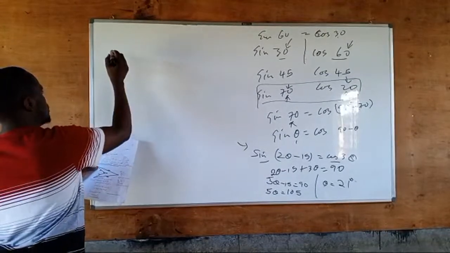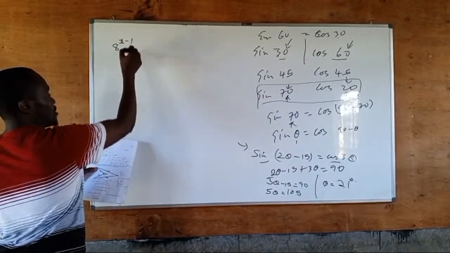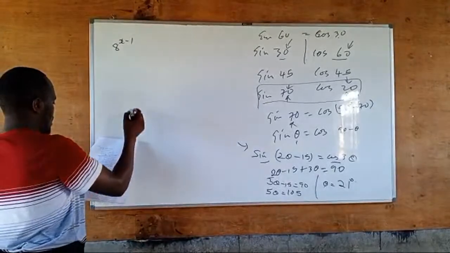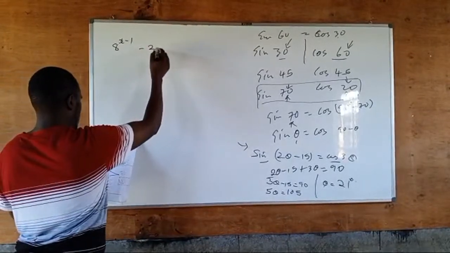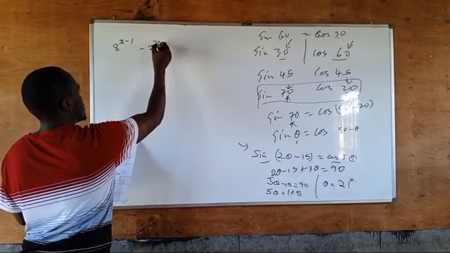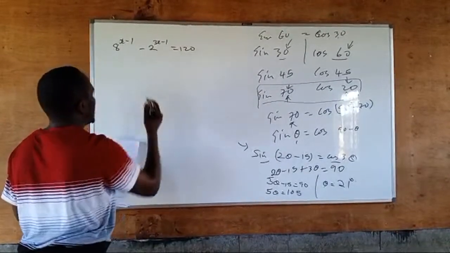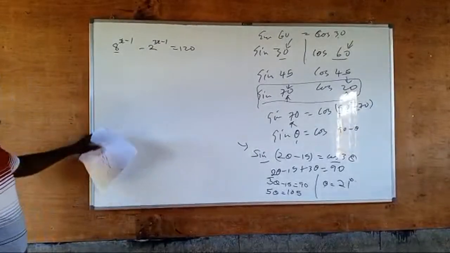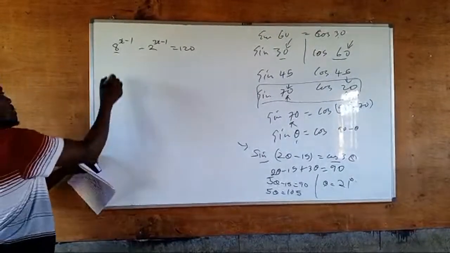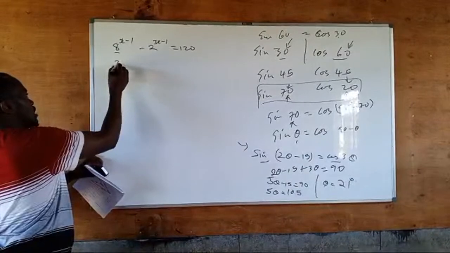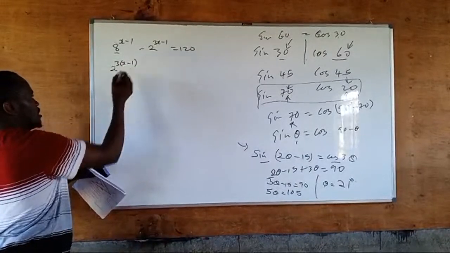So 8x minus 1 minus 2 to the 3x minus 1 equals 120. Now put it into the power of 2, then 3x minus 1.